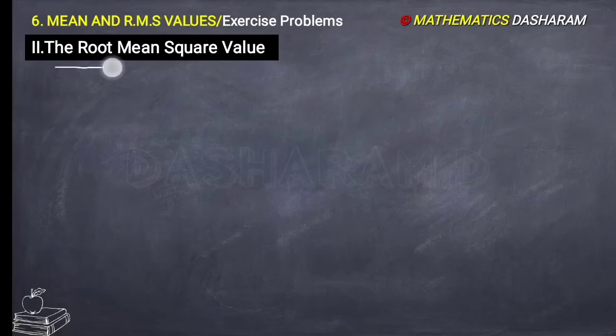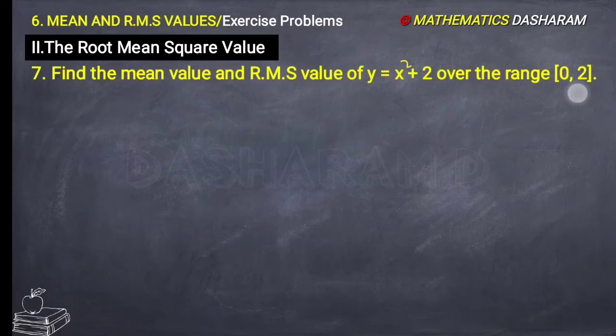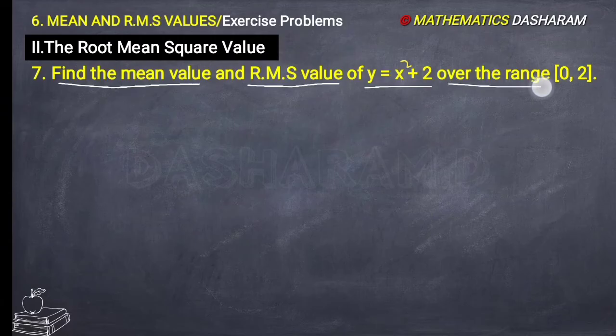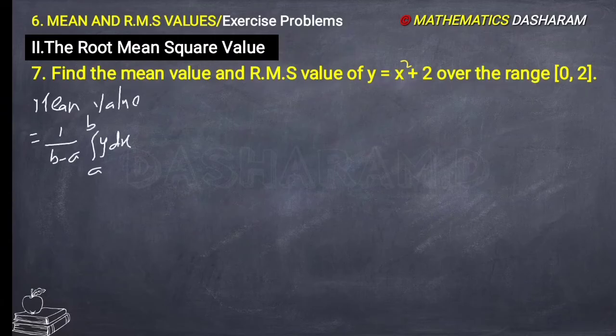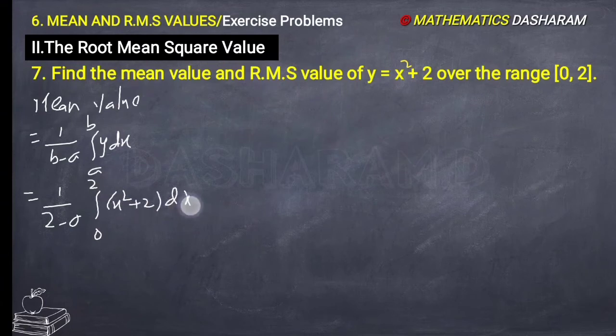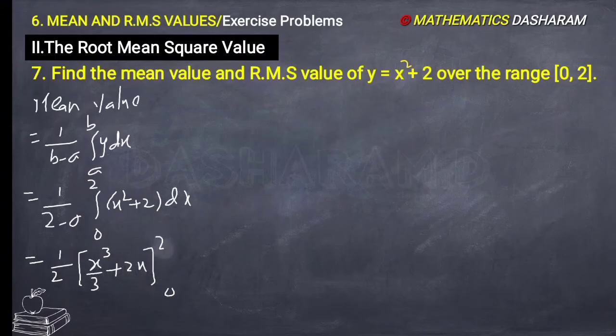Next, second bit, the root mean square value. Seventh question: find the mean value and RMS value of y equals x square plus 2 over the range 0 to 2. In this formula, 1 by b value is 2 and a value is 0, integration 0 to 2 y dx, so that is x square plus 2 dx. So 1 by (2 minus 0) is 1 by 2, and integration of x square is x cube by 3 plus 2x, 0 to 2.